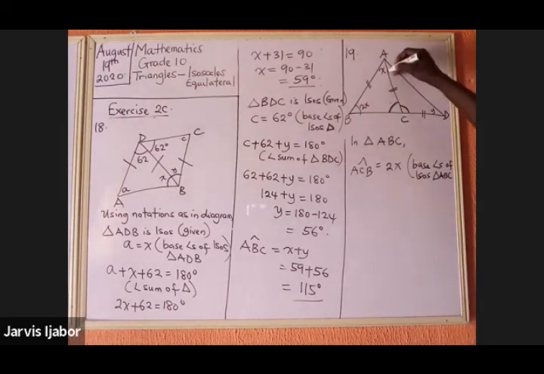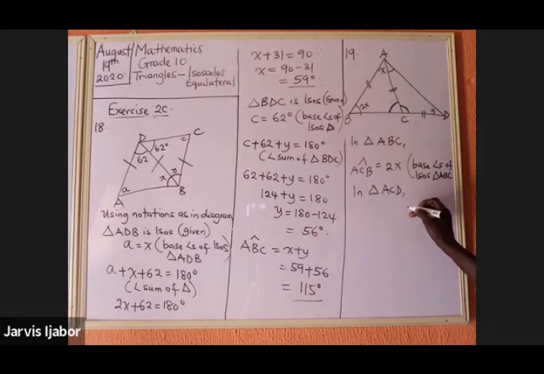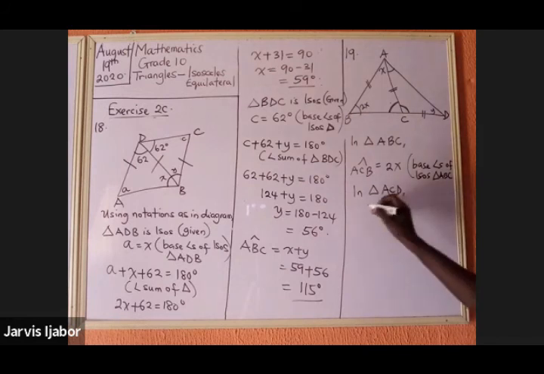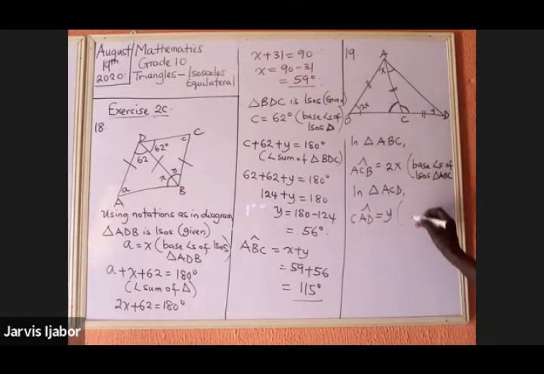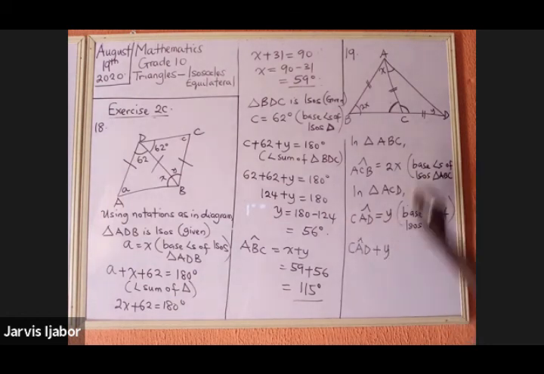Now, what's the next thing you do? We look at this triangle again. In triangle ACD, angle CAD is equal to y. What's the reason for that? Base angles of isosceles triangle. In that same light, angle CAD plus y will be equal to angle ACB.